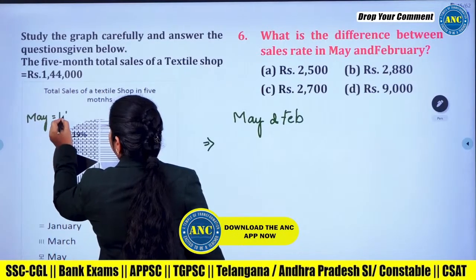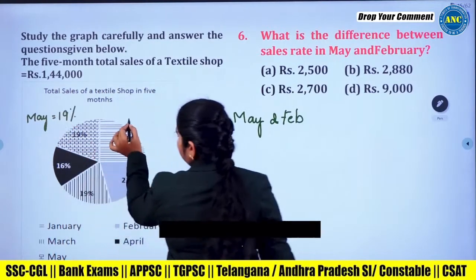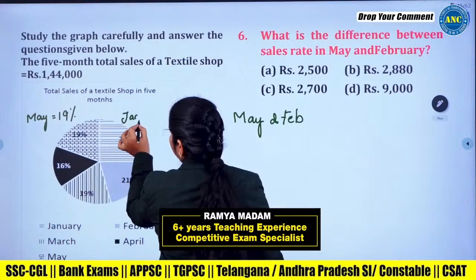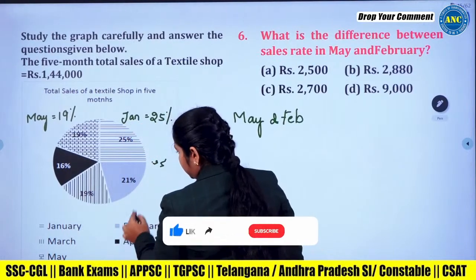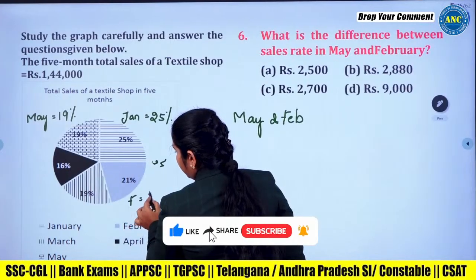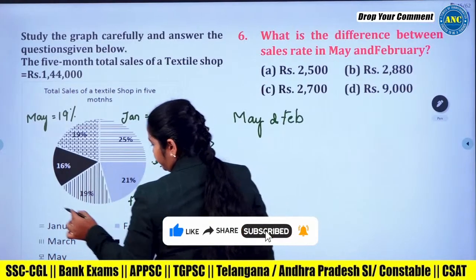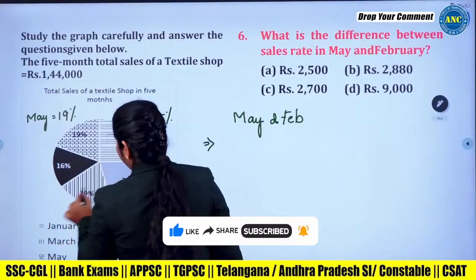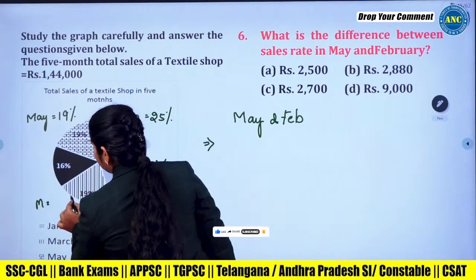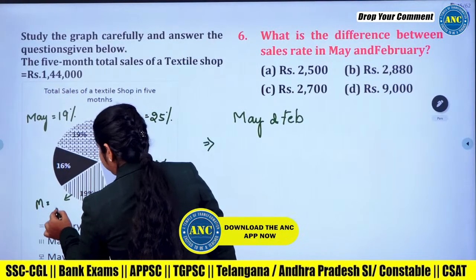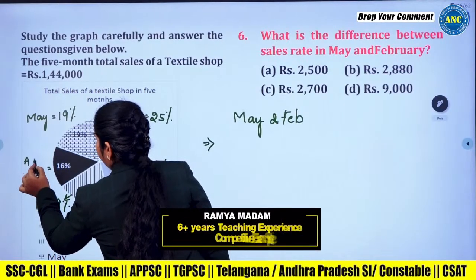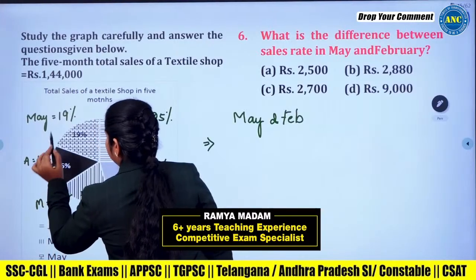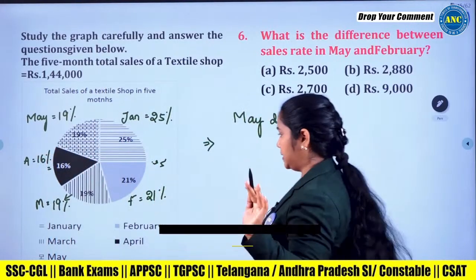May 19%. This is Jan, 25. Next, this is Feb, 21. This one is March, 19%. April, 16%. Right?